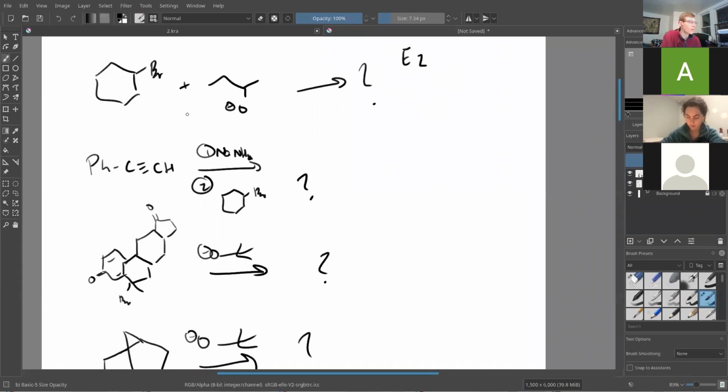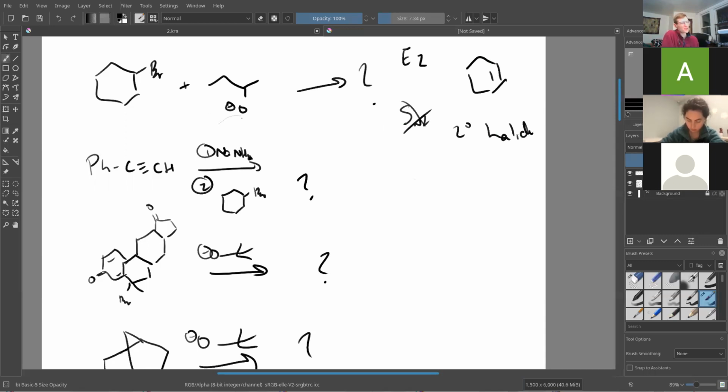It doesn't matter what hydrogen we pull off, right? If we do E2, then the structure is going to look like this. Good. Why is it not SN2? Well, it's a secondary halide, which is not good for SN2.